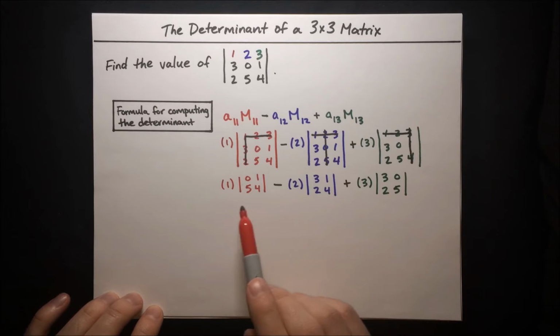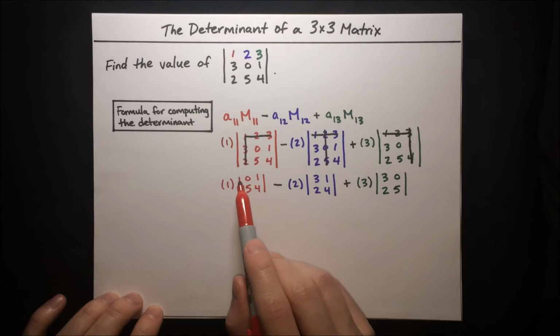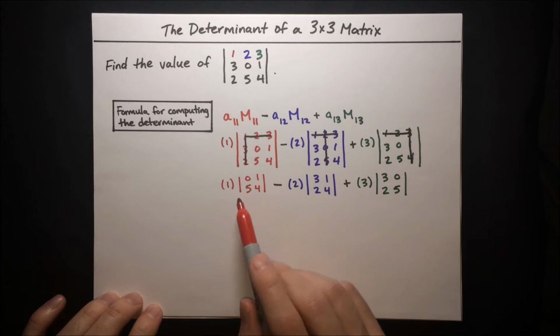So we just need to calculate some 2x2 determinants. And that's not too bad. We just need to take the product of the diagonals and subtract.